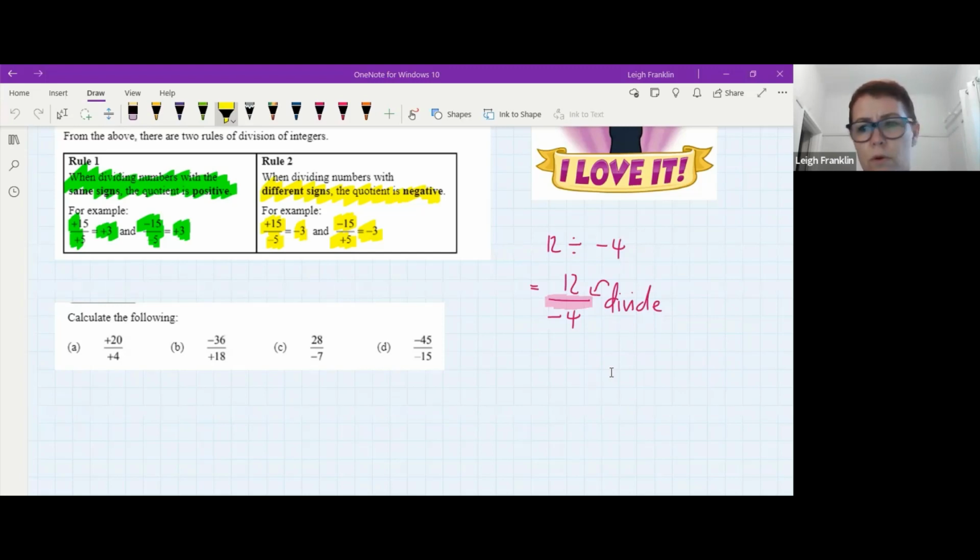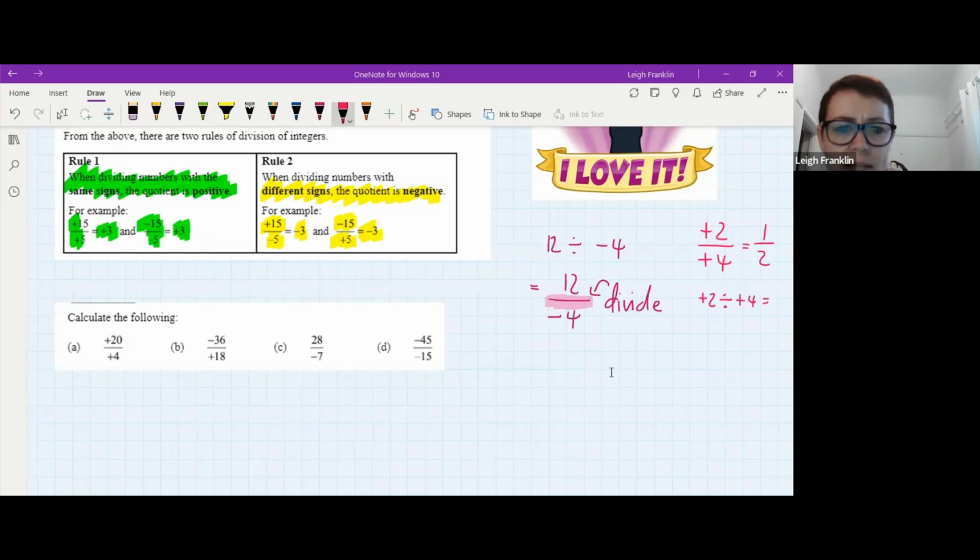Does the over sign just mean divide? Like, does it mean for example +2 divided by +4? Yes, that's exactly what it means. Okay, so it would be the same as you writing +2 divided by +4, just like that. All right, and your answer would be +1 over 2.